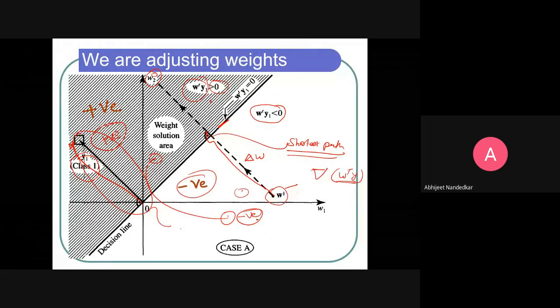I will multiply this vector Y1 by some small number in the range, say, 0 plus to 1. So I will get a small vector like this, and I will move from this W1 to, let us say, this position. In the next iteration I will go here, next iteration I will go here, and finally I will cross this barrier, or this line.